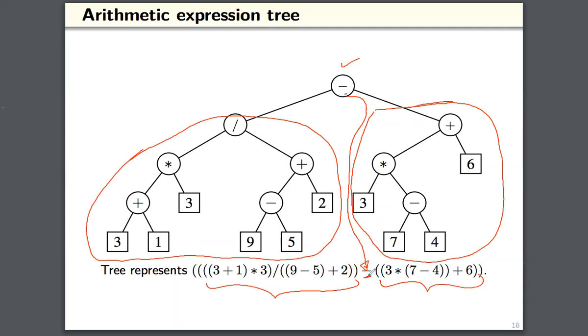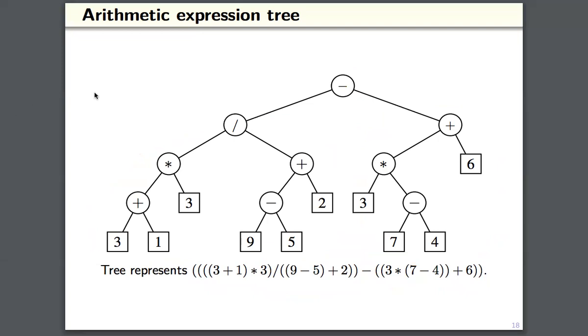So this operator is applied last. Then this is the root. And what about these operators? These operators are applied second to last, and so on. You can recursively define this. The innermost parenthesized expressions are computed first, so they are near the leaf nodes. Make sense?